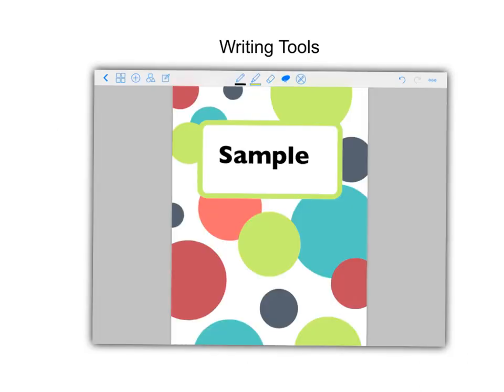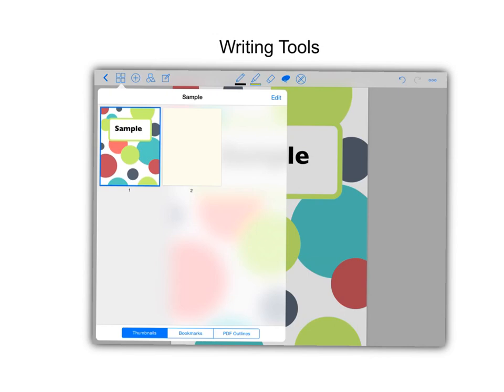Once you've made your notebook, you can click on the 4 boxes, and that will take you directly to your table of contents. The first page in the table of contents is always the cover of your notebook, and currently we only have 1 page of notes. I'm going to press page number 2 to take us to that notes page.